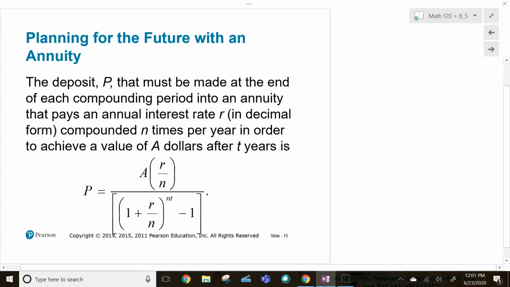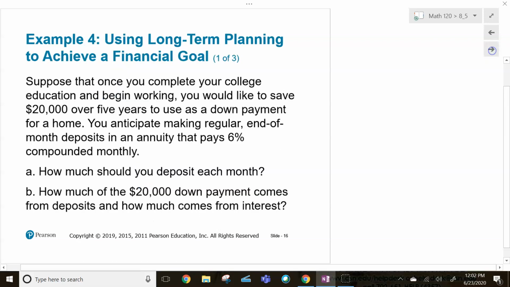All right, so here's a formula. Again, we're going to use a financial calculator. This is the formula to find the payment that you need to make to reach a financial goal for a value A in dollars that you want to reach. So suppose you complete your college education, begin working, and you would like to save $20,000 over 5 years to use as a down payment on a home.